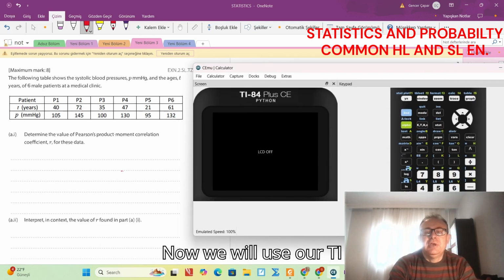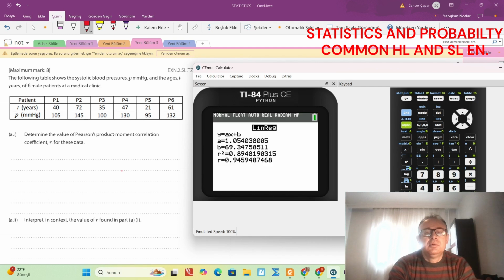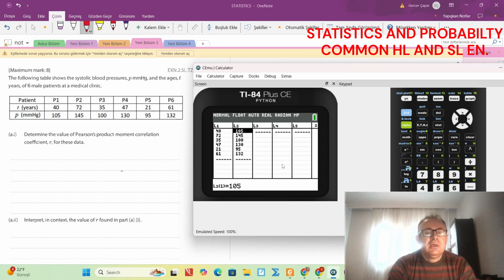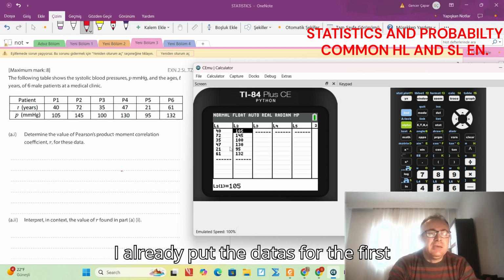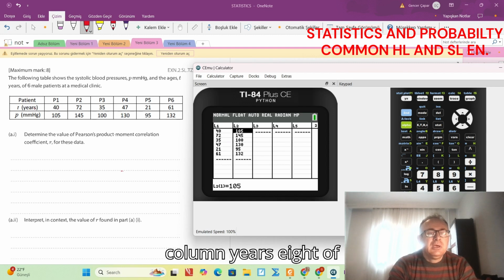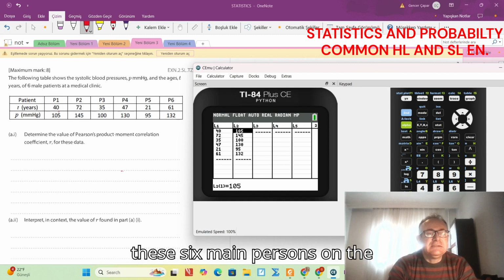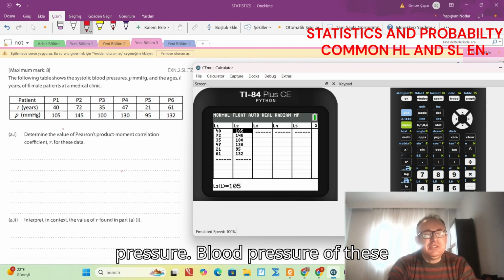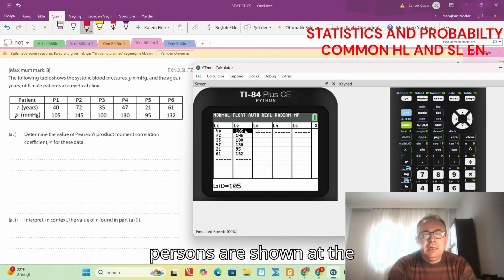Now we will use our TI. First we are hitting the stat button, and I've already input the data. The first column is the age in years of these 6 male persons, and P, the blood pressure of these persons, is shown in the second column, L2.